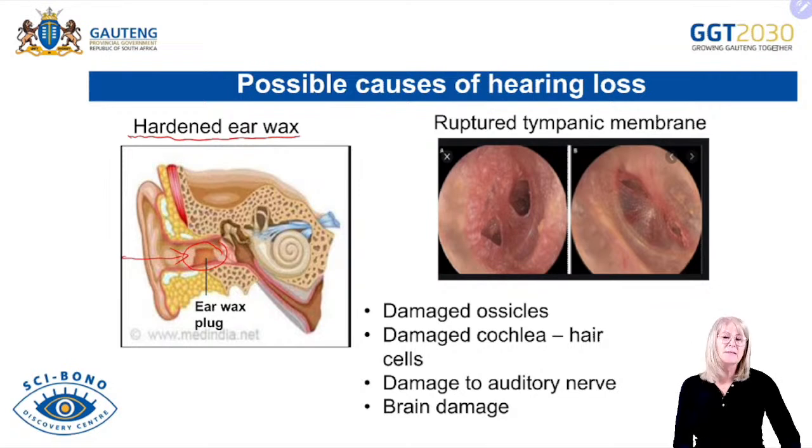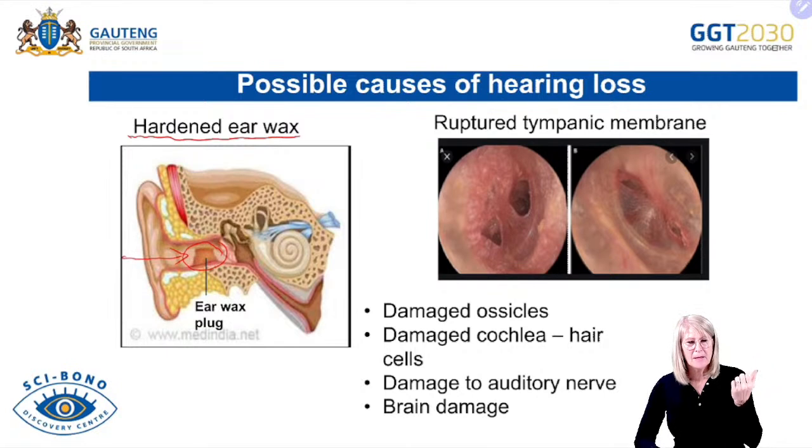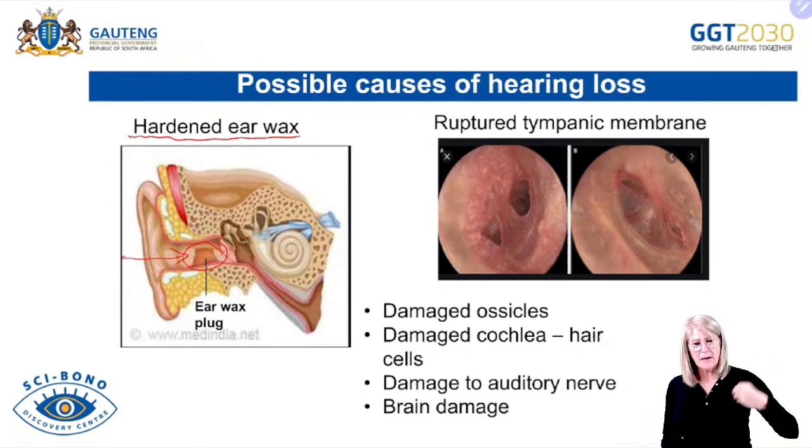If it blocks that, it's going to affect the path of sound and you would have difficulty hearing. The doctor usually flushes it out, using water or liquid under high pressure.